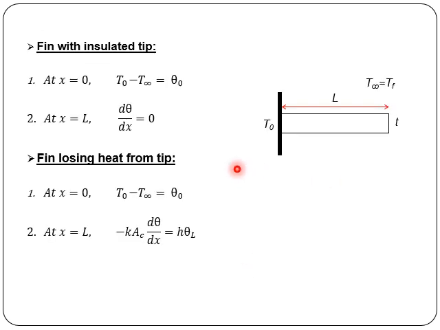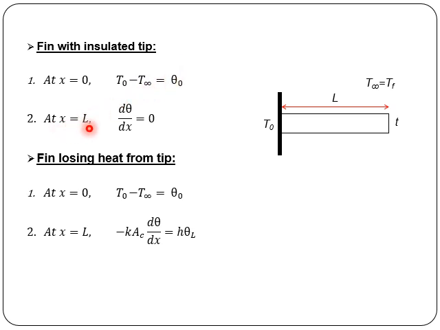Similarly, if we consider a finite length fin with an insulated tip, then you have two conditions. The first condition is the same as for the infinitely long fin, that is at x equal to 0 the base temperature is T0, so T0 minus T infinity is taken as theta 0.